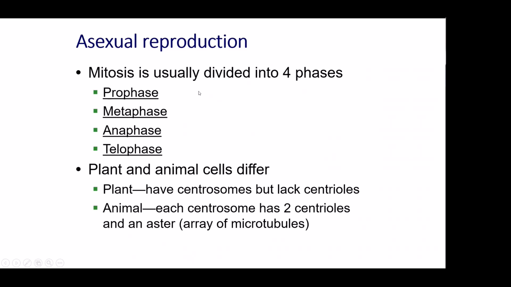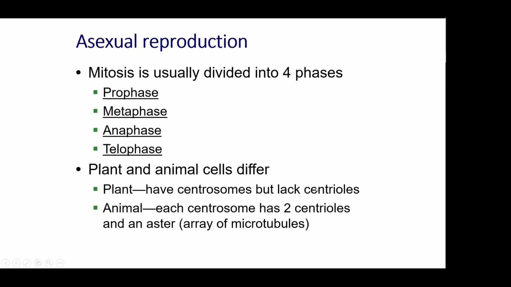So mitosis is divided into four phases: prophase, metaphase, anaphase, and telophase. Sounds hauntingly familiar. Plant and animal cells, though, have a couple of significant differences. And we touched upon this a little bit when we did chapter 4, talking about parts of the plant and animal cell.